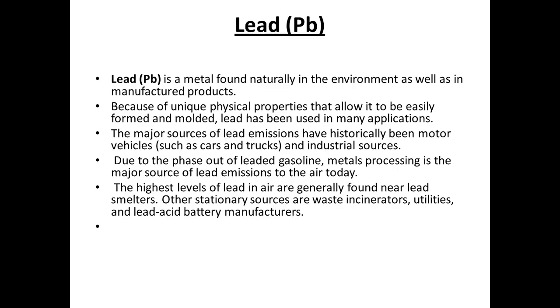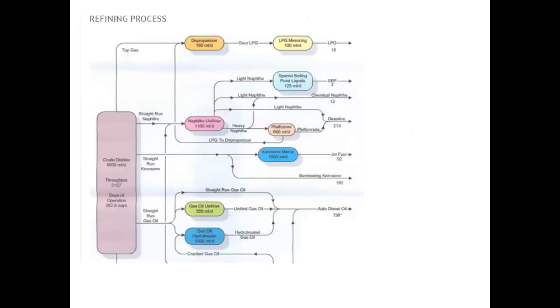Because of that, fortunately, in our country we do not need to include lead as a criteria pollutant, because it is not widely available in our atmosphere. So, for your information, I have included the refining process of crude oil in our oil refinery. No need to remember this for your exam, but for the information of polymer students, I put this.